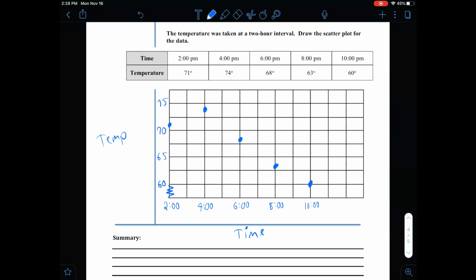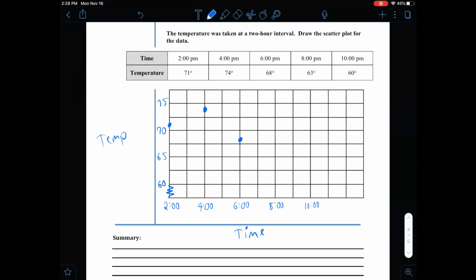Because temperature doesn't just go from 70 to 74 and then down to 68. It doesn't jump like this, right? There's actually like a gradient. It takes its time going up and down. It doesn't just jump arbitrarily, without any reason, just boom and then boom and then boom like this.